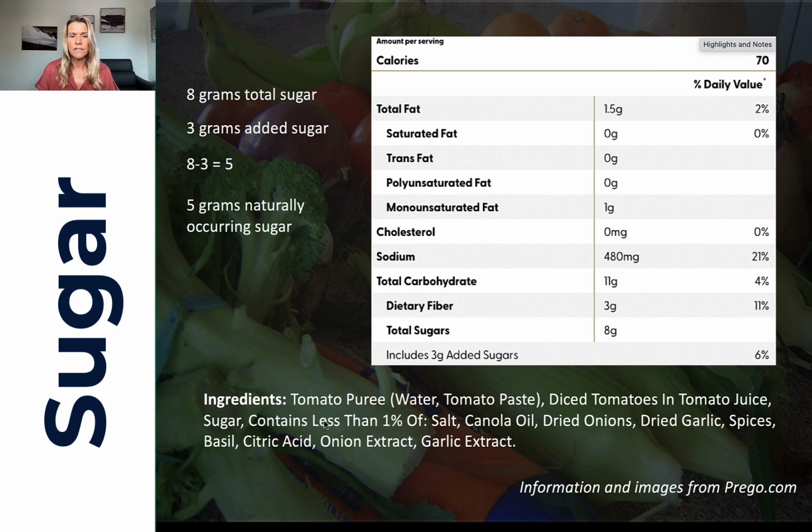Don't ignore the "contains less than 1% of" section: salt, canola oil, dried vegetables, all of those things. In general, it is not as important for sugar because this is by weight, but in general, this is usually where all the food additives live.